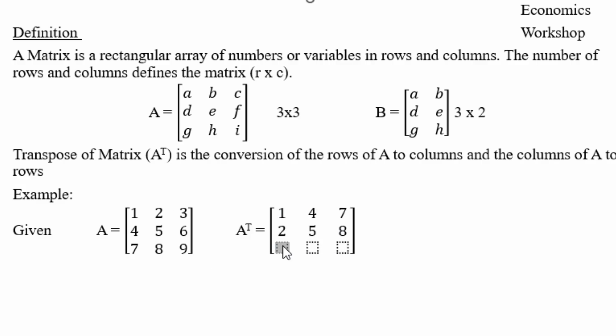So this will be 3 6 9. This is the transpose of this matrix. You can see we convert the columns into rows, and likewise we convert the rows into columns. So this is how to find the transpose of a matrix.